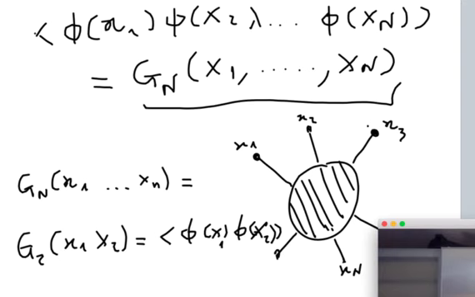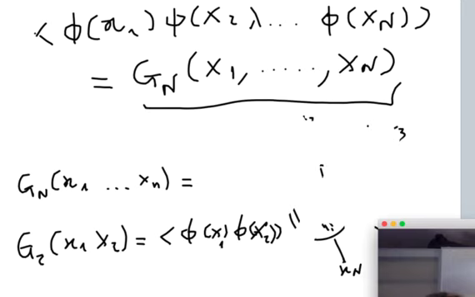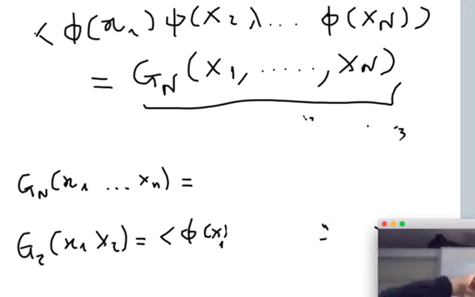Now, normally in field theory, the correlation function and the endpoint function are not exactly the same, because the correlation function in statistical probability theory is actually defined by the average of the product minus the product of the averages.